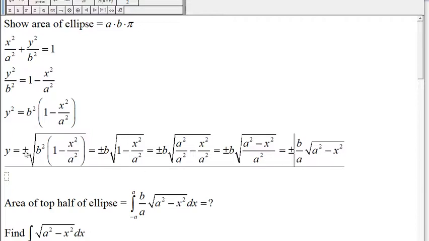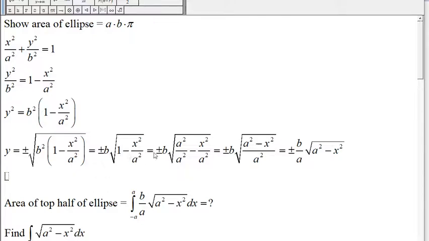The plus would be the top half of the ellipse, and the minus would be the bottom half. The square root of b squared is just b, and what's left inside is 1 minus x squared divided by a squared. Now let's get a common denominator of a squared.